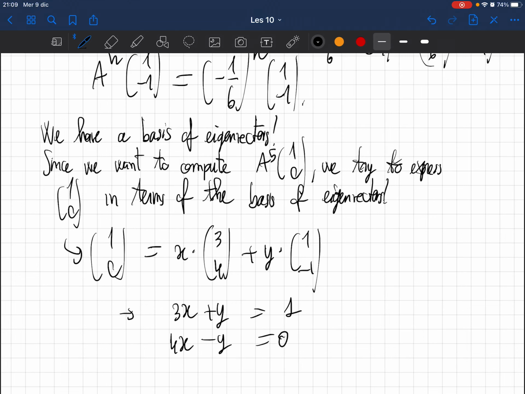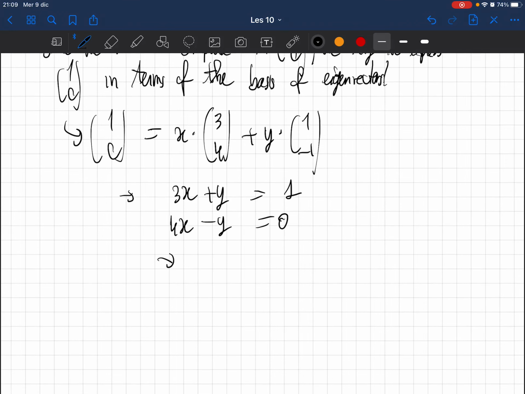You can solve it, for example, by adding the two equations: you get immediately that 7x is equal to 1, so x is equal to 1 over 7, and y is equal to 4x, so it's 4 over 7.